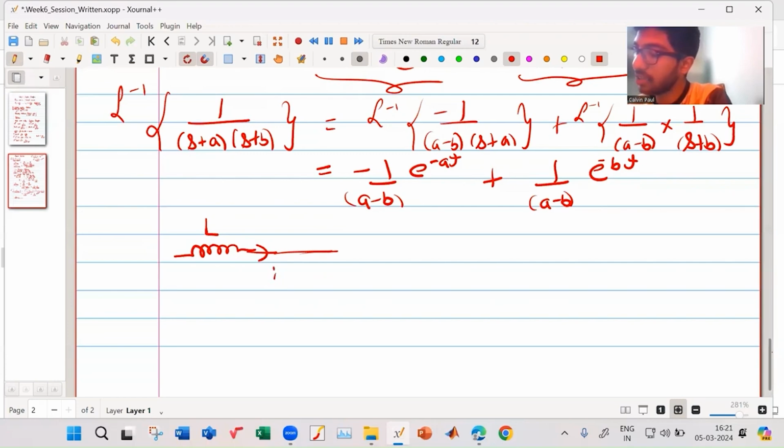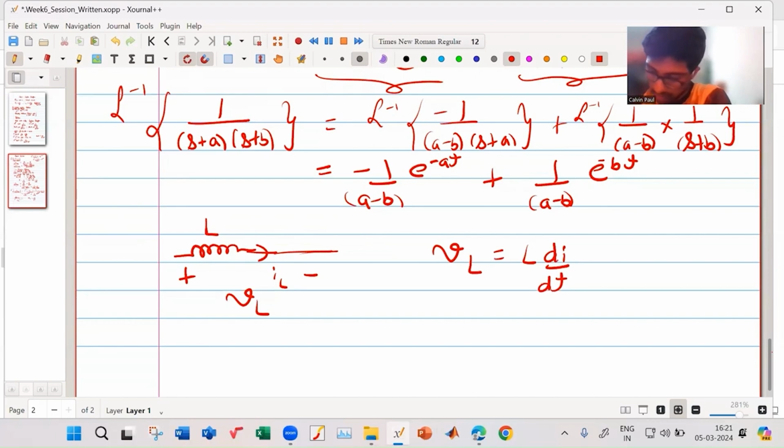This is the voltage across my inductor. We know VL is equal to L into di by dt.